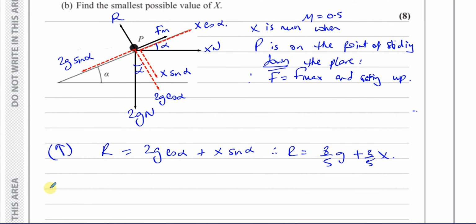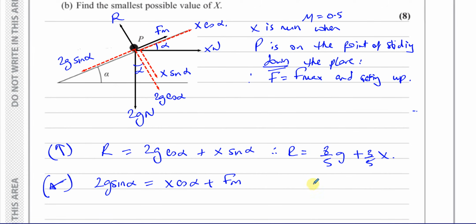Then we can resolve parallel to the plane. Now it's on the point of sliding down the plane, so I'm going to take down as positive. So I'll say 2g sine alpha equals, because it's still in equilibrium, x times cosine alpha plus F max.